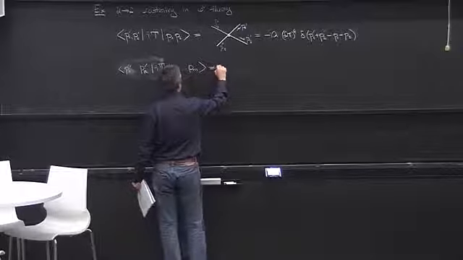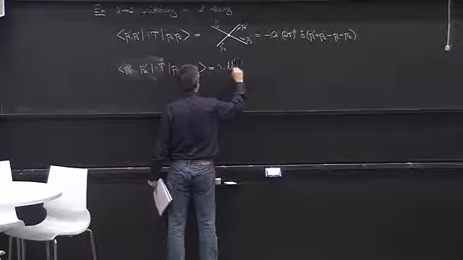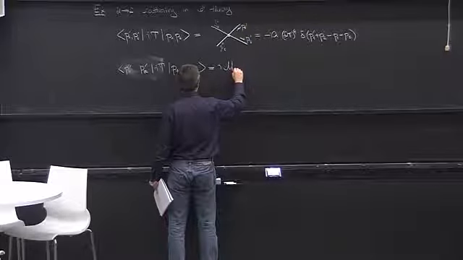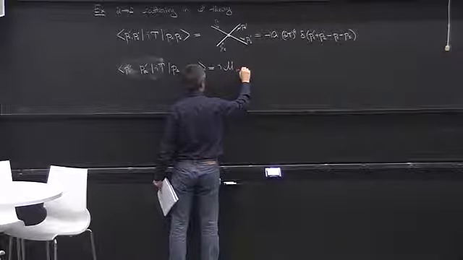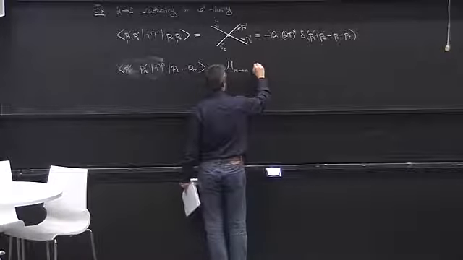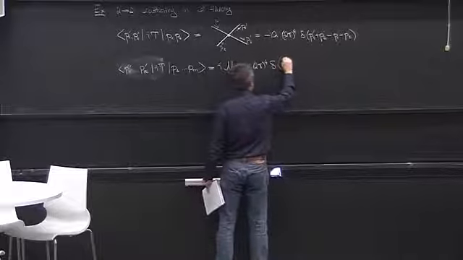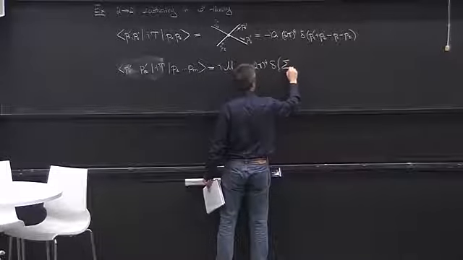So we can always write this as i times M, which describes the transition from m particles to n particles, and then (2 pi)^4 times the delta function of the momentum conservation.